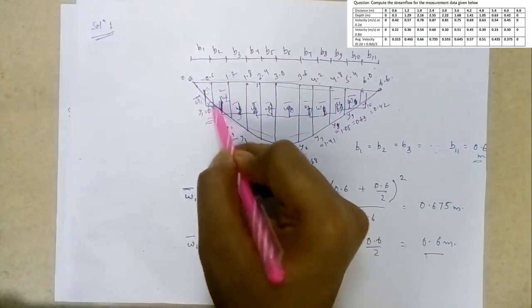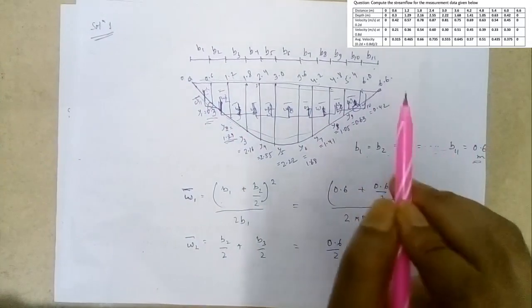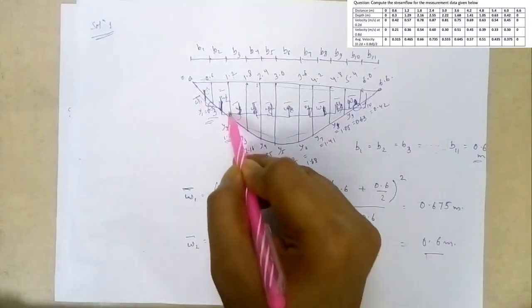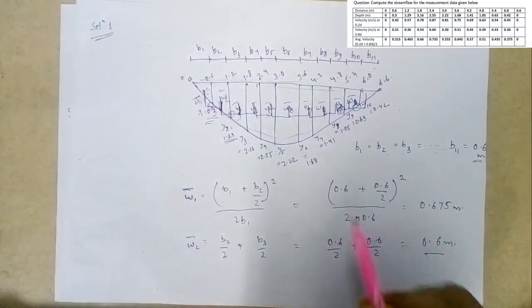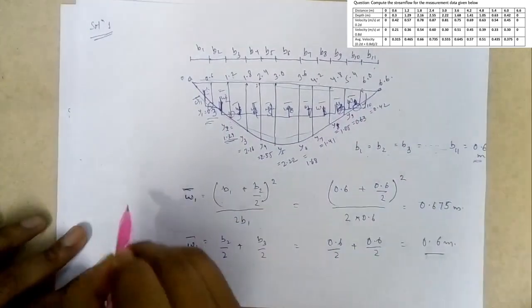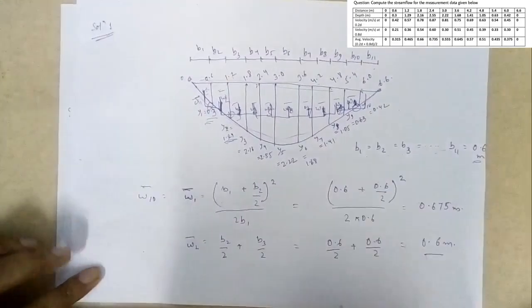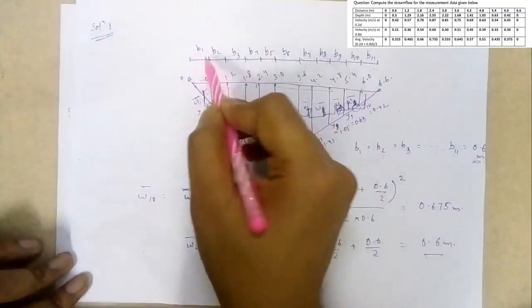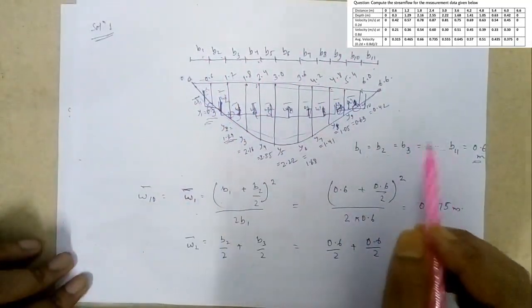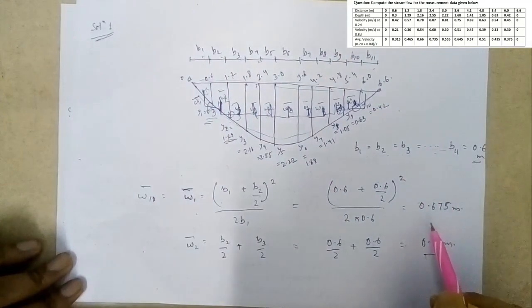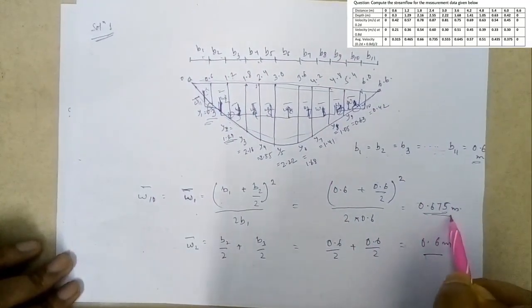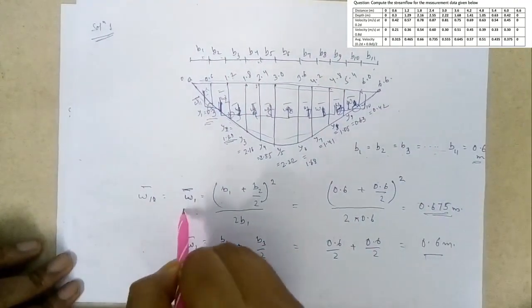So W1 and W10 will have similar values and W2 to W9 will have similar values, because for W1 and W10 we have this particular formula, and as all the B's have the same value, it will be 0.675 meter for W10 and W1 bar.